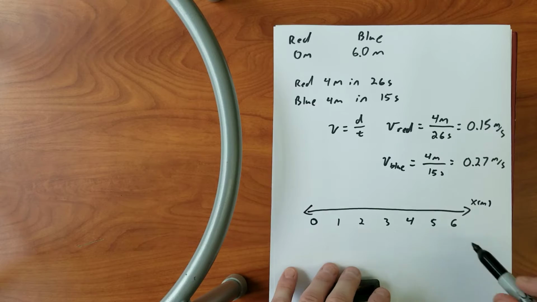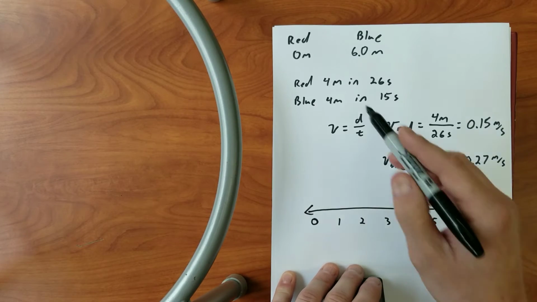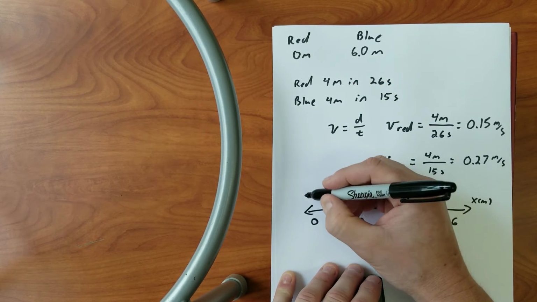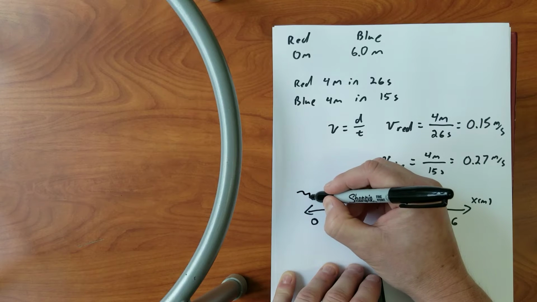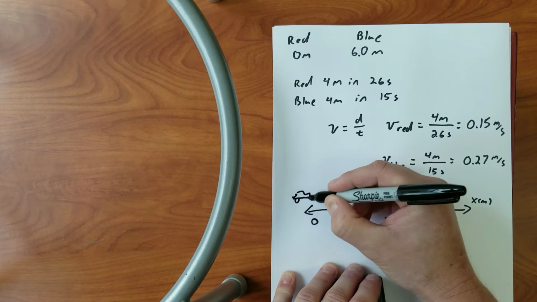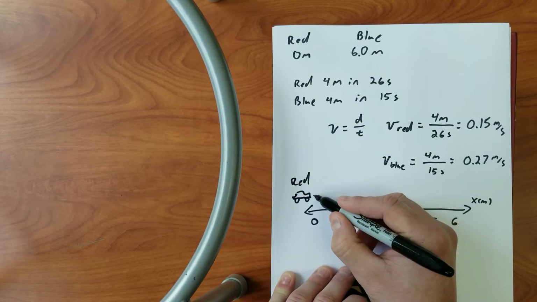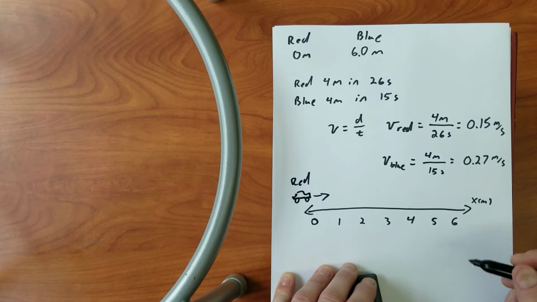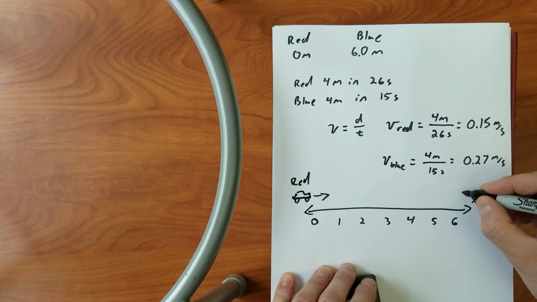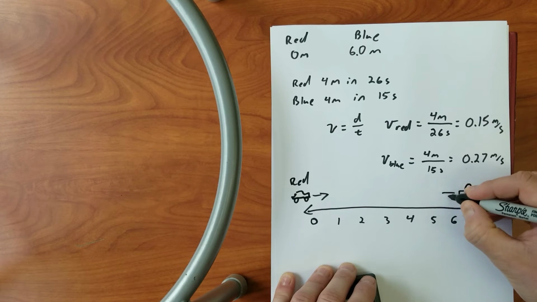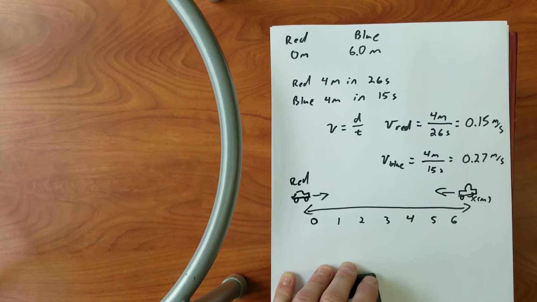Okay, so there's what the number line is. Now my red car is starting at the 0 mark. So there's my red car. It's going to be going this way, right? That's the way the red car is moving. That's the positive direction. The blue car is starting way over here at the 6 meter mark. And it's going to be going that way, in the negative direction.